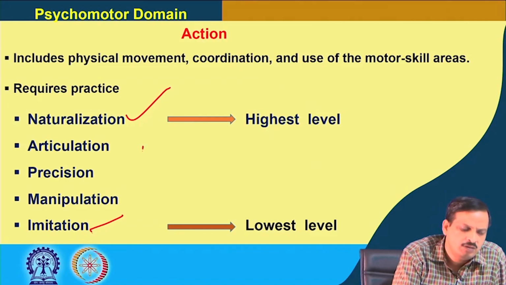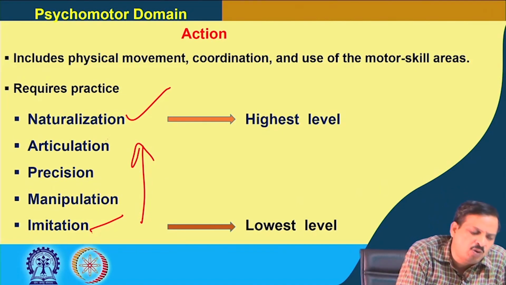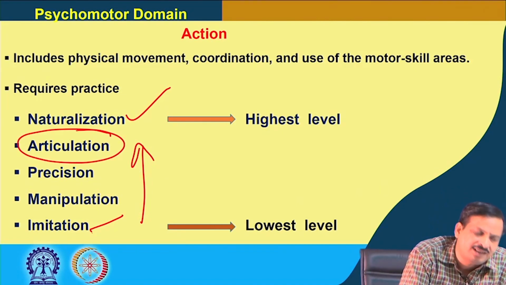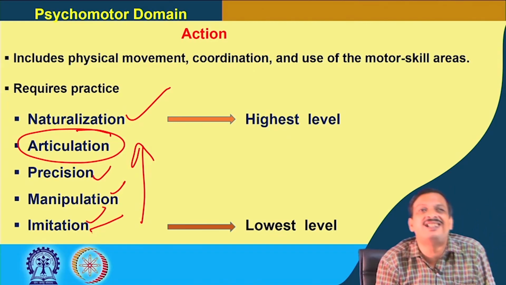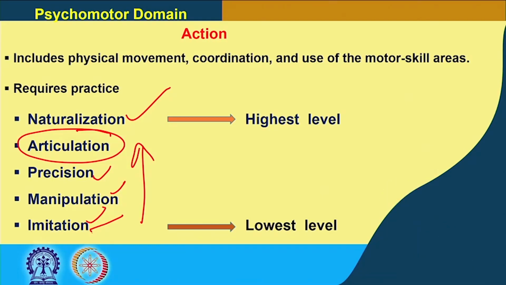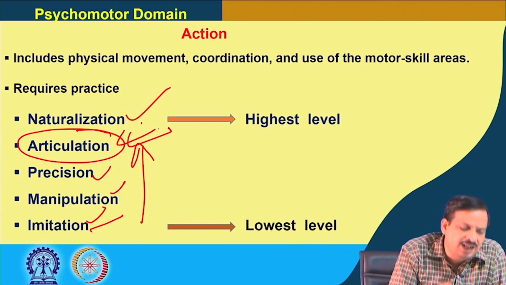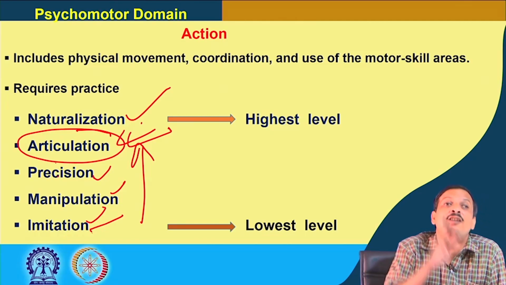So, how do you go? From low to high. If I am able to articulate, that means the lower levels are already achieved by the learner. As per Bloom's taxonomy, if a learner is at the articulation level, that means he can do imitation, manipulation and precision.